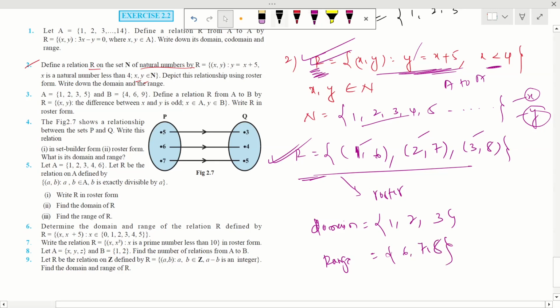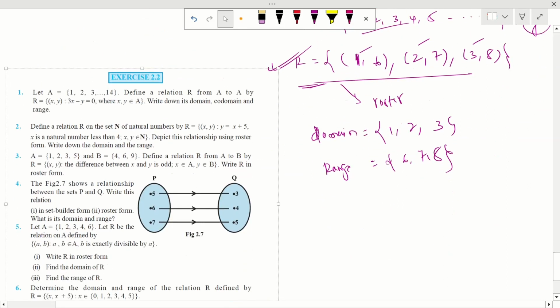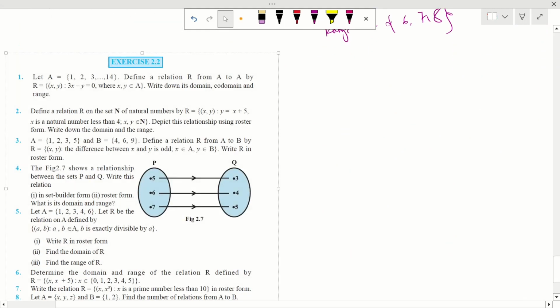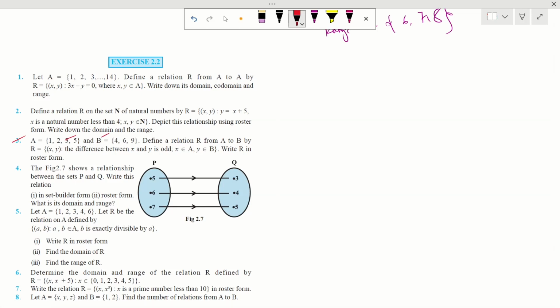Okay, this is all. Now we come to the third example. A set and B set are given, and we have to define a relation from A to B by the condition that the difference between x and y is odd, where x belongs to A and y belongs to B, in roster form.